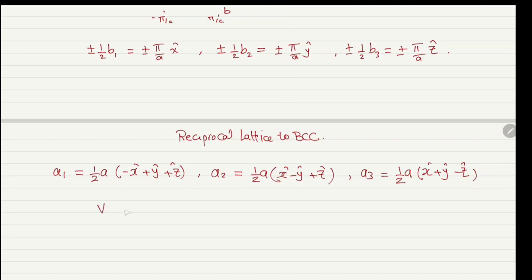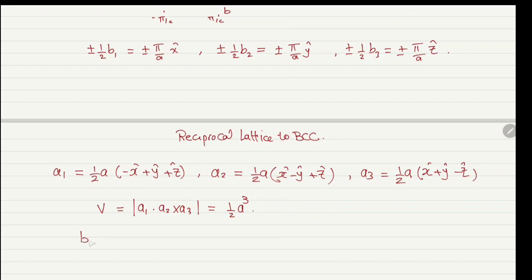And the volume of the primitive cell in BCC is a1 dot a2 cross a3, equal to half a cubed.